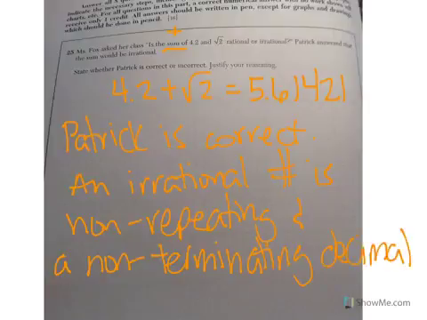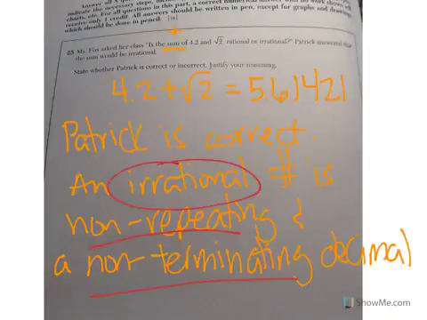And the word non-terminating means that it just doesn't end. Okay, non-repeating, it obviously does not repeat itself. So this 4.2 plus radical 2 is a decimal that does not repeat and it doesn't end, so it has to be irrational. That's why Patrick is correct.